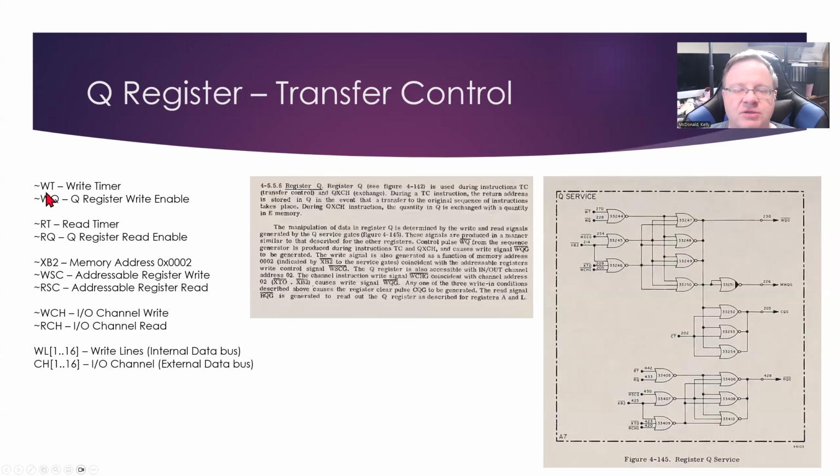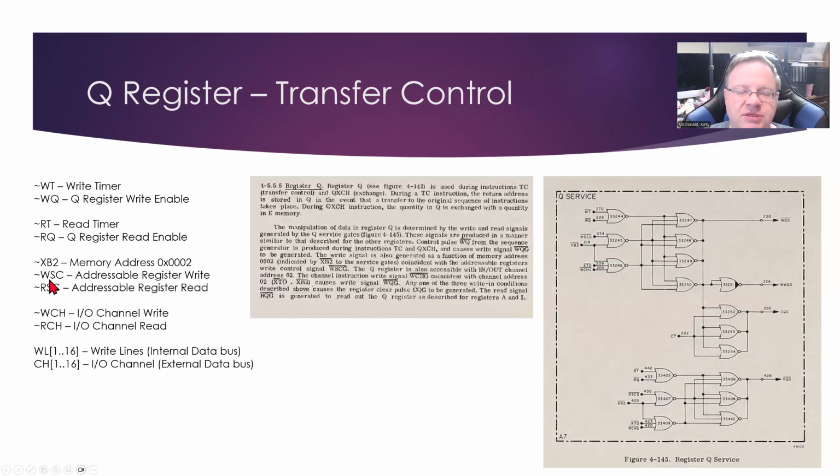So as normal, we've got our write timer, and then we have our WQ or the Q register write enable. For data going out, we have our read timer and then our RQ, which is the Q register read enable. And then we have our XB2. This is the signal we get when our memory address, which is stored in our S register, is 0002.